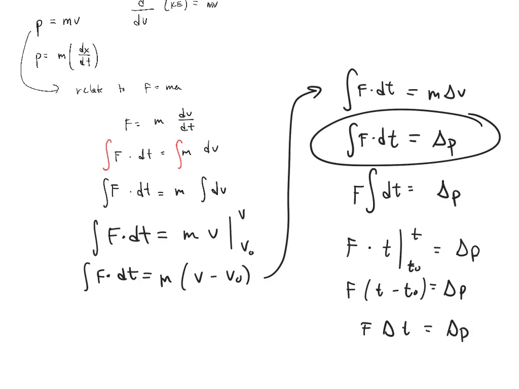And this was last year's class that you learned at the bottom: F times delta t equals delta p. But really, the force felt on an object is not always going to be a constant. So what we do instead is we use what's circled up top there. The integral of force with respect to time is going to equal the change in an object's momentum.